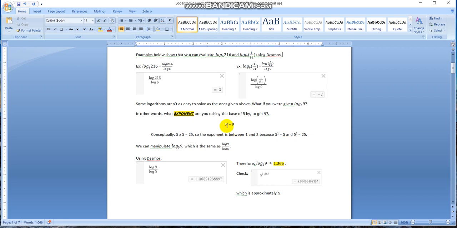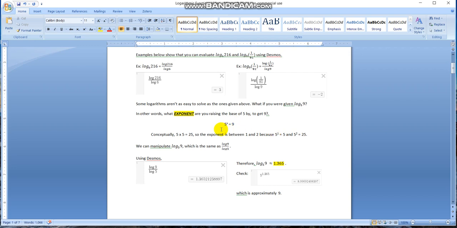If you try 5 times 5, which is 5 squared, you're going to get 25. So 9 is between 5 and 25, which means this exponent is probably going to be somewhere between 1 and 2, probably less than 1.5, just based on the numbers.